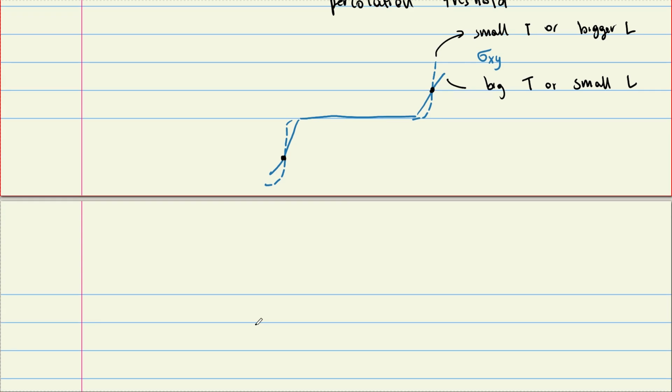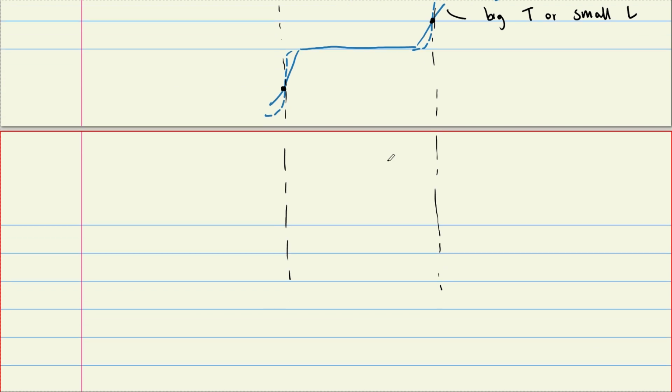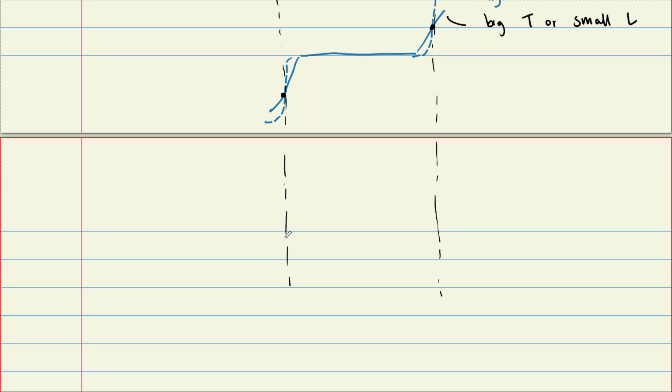For sigma xx, let me try to align these points. I have this solid line. Inside the plateau, sigma xx is going to be 0, but as I approach the transition points, it's going to peak up.